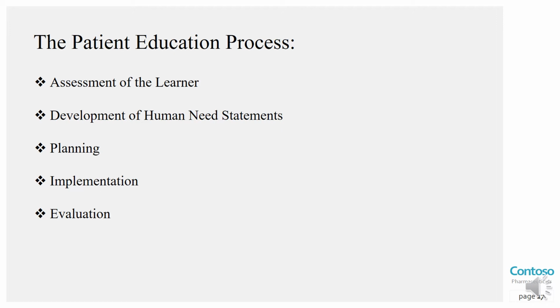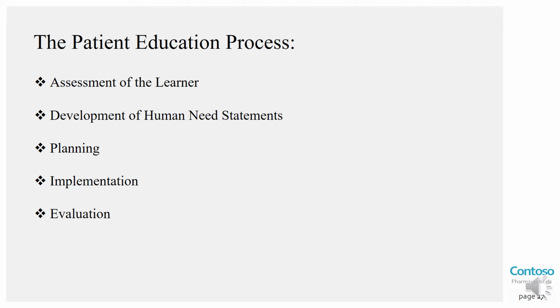Then we'll talk about the development of a human needs statement. Some of these statements related to learning and drug therapy are autonomous choice, effective perception, an individual's self-esteem, self-actualization, self-control, and self-determination.